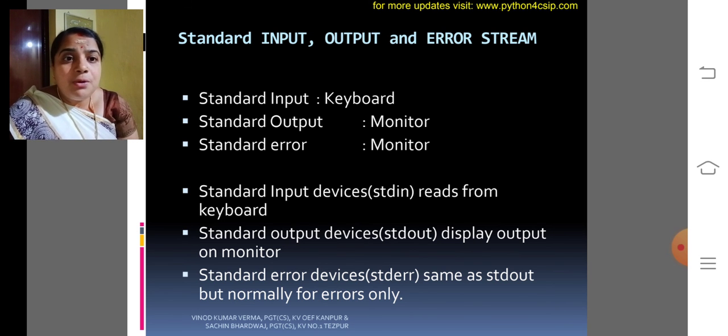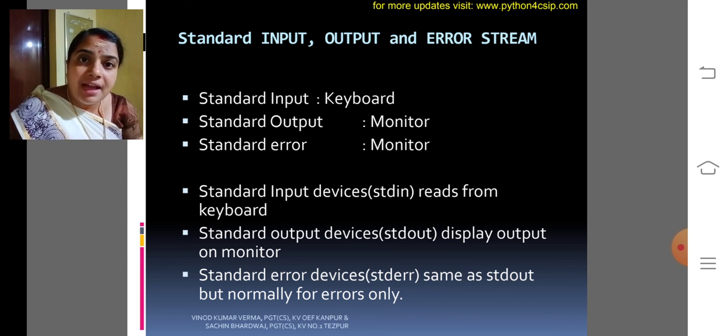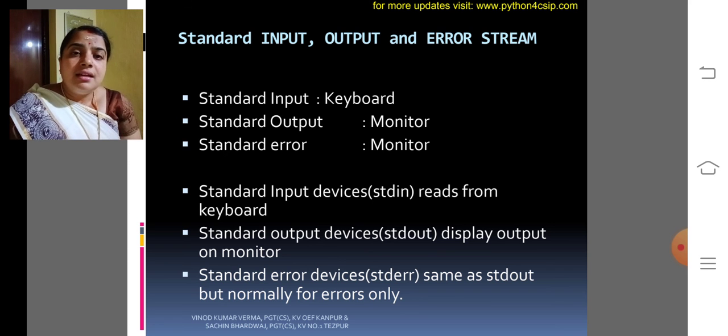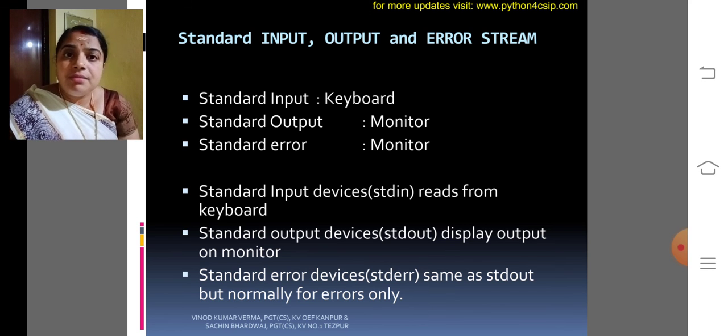The standard input device reads data from the keyboard. Instead of reading from a file, it reads from the keyboard. In file handling, we got the input from a file on a disk.